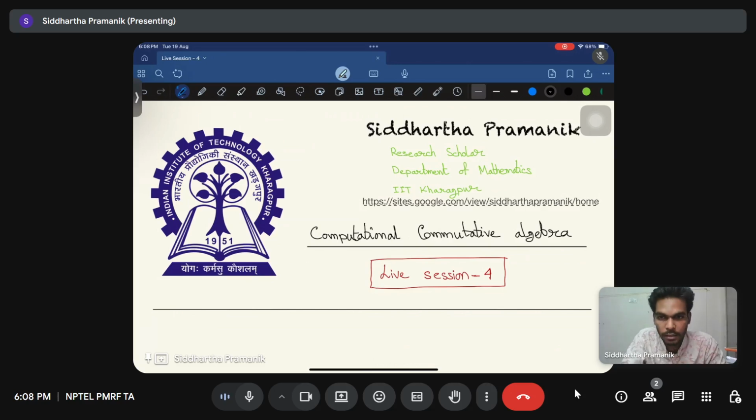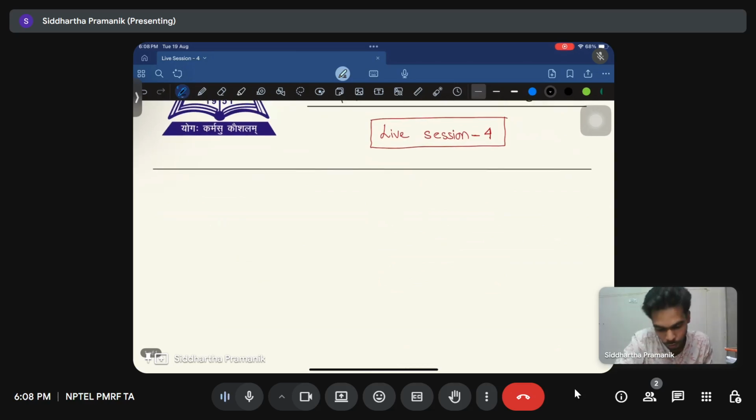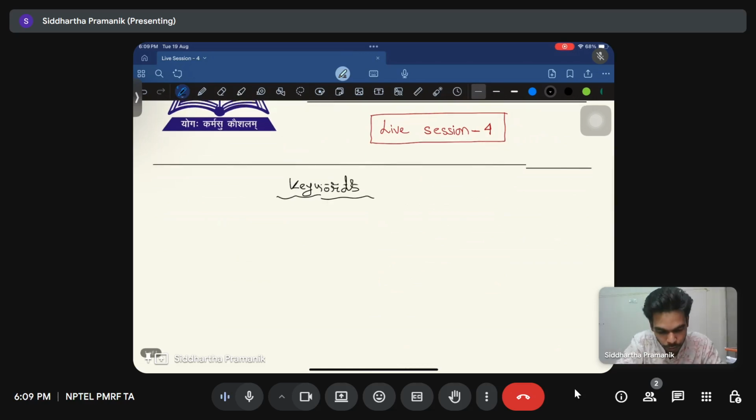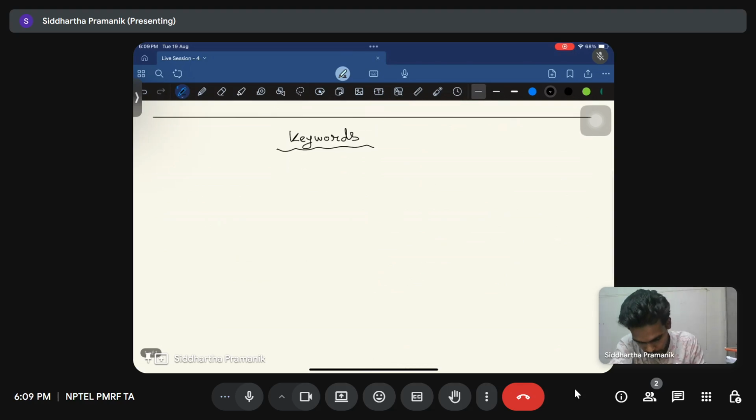So let's start by listing the topics which have been taught in this week 4. We started with some basics about module theory, like what are exact sequences and all those things.